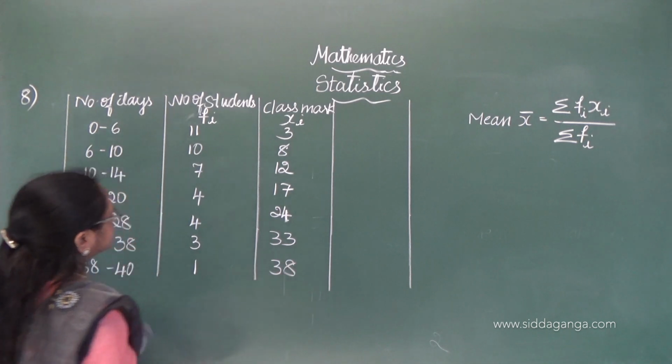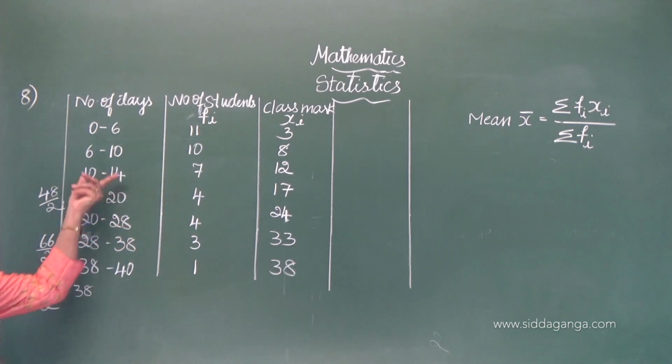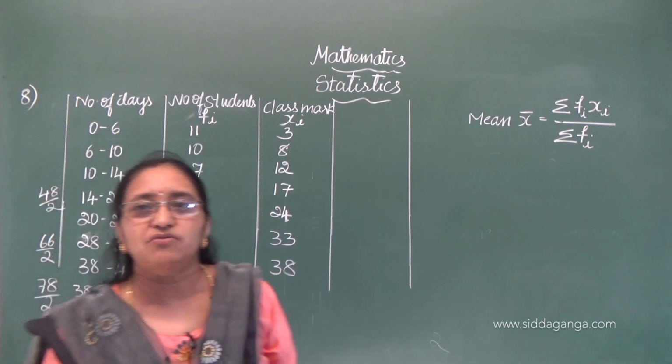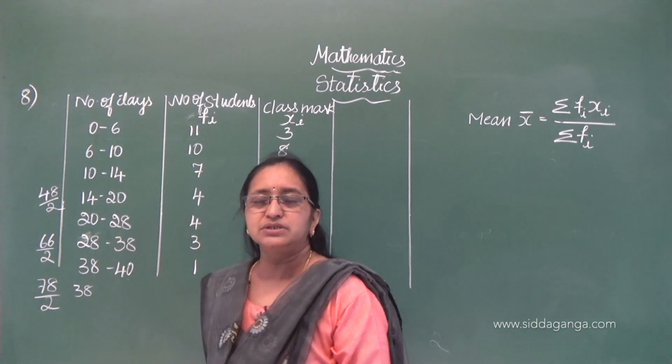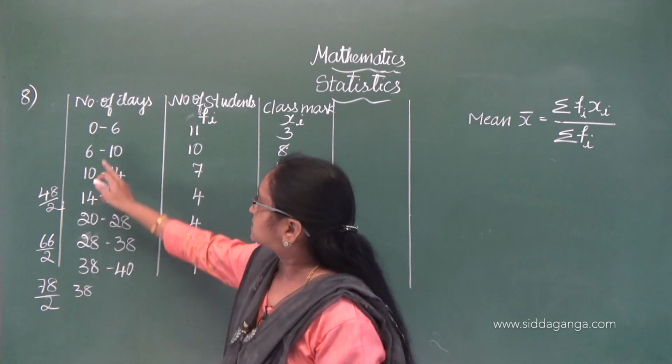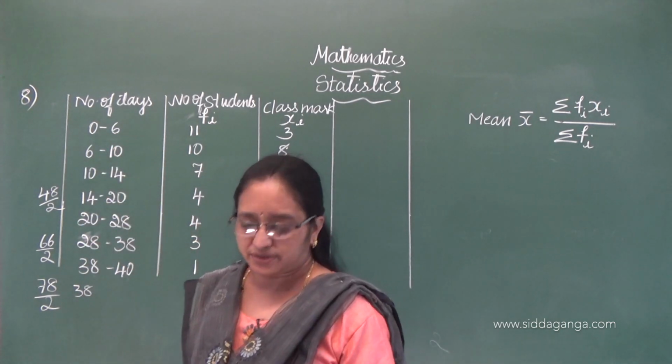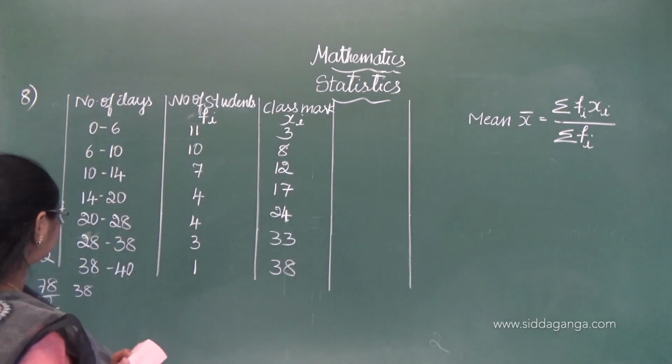See here, the width of the class interval is different for different class intervals. I told you in the introduction class, the size of the class interval is different. Please note that.